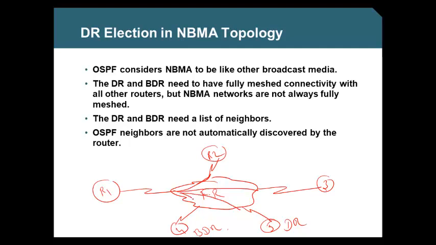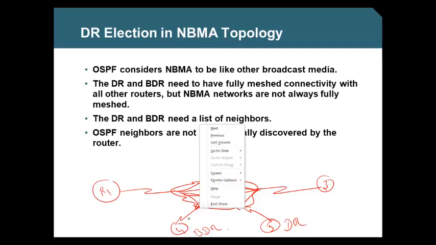If it is like this, we count it as full mesh. Everyone needs to be connected to all other routers. Then it is full mesh, then DR-BDR is good.